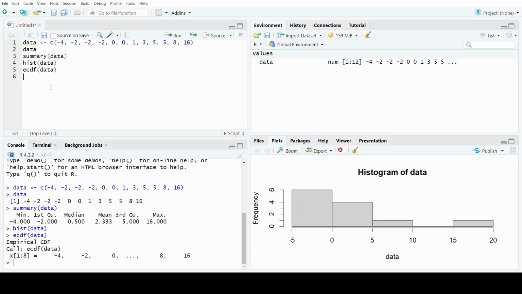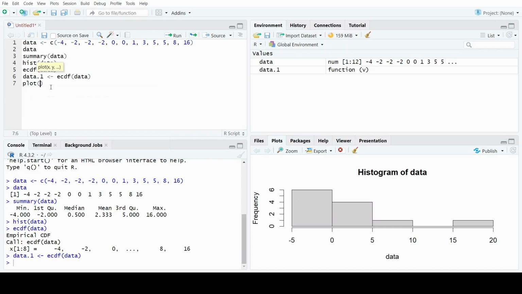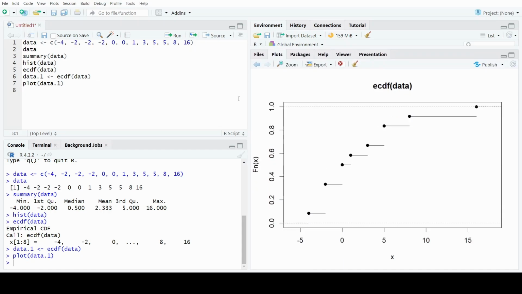So let's get a new bit of data. I'll just call it data 1. Is going to be my ECDF of my data. And now I'm going to plot data 1. Okay. So what you see I have here is a step function that goes up. Here, maybe I can make this a little bit bigger.